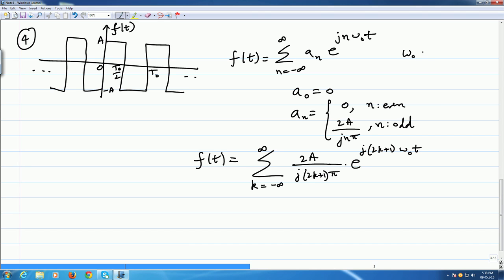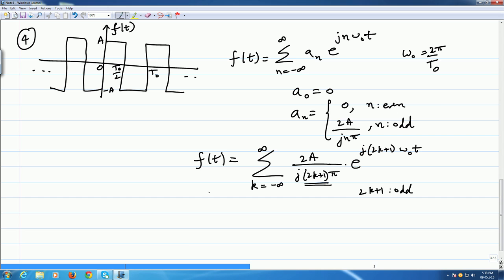Omega naught is 2 pi by t naught. 2k plus 1 is an odd number. As k goes from minus infinity to infinity, 2k plus 1 goes over all the odd numbers. So, for every odd number you have a coefficient 2a by j 2k plus 1 pi and then e power j 2k plus 1 omega naught t. If you want, you can replace k by n as well, it is the same thing.